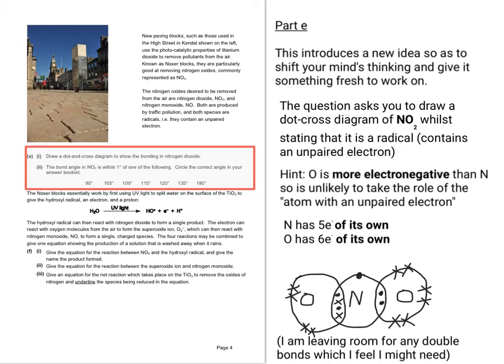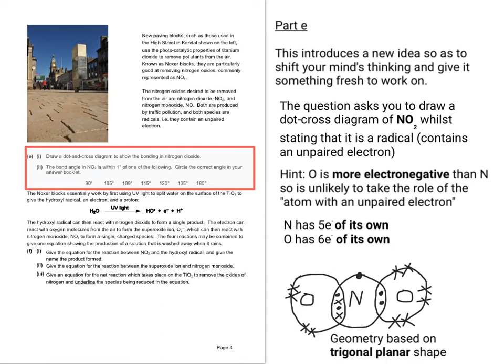The next thing they ask you to do is to decide what possible bond angle you'd have here. Using normal valence shell electron pair repulsion theory, in other words, molecular shapes from your textbook, I'd normally go for maybe 2 bond pairs, 1 lone pair, because a double bond counts as a single bonding pair, and a dative covalent bond counts as a single bonding pair.